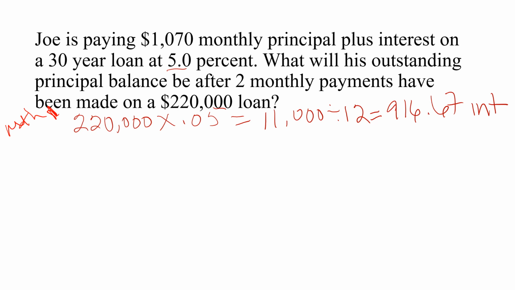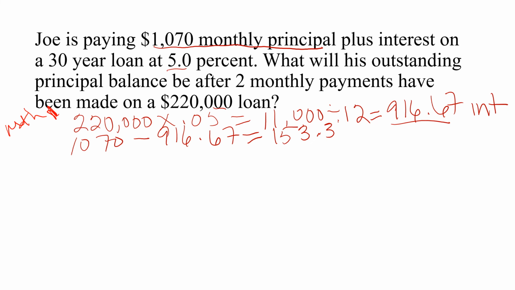Okay, so my monthly principal plus interest is 1,070 minus my interest to give me my principal. 1,070 minus 916.67 equals 153.33 principal in my first month.